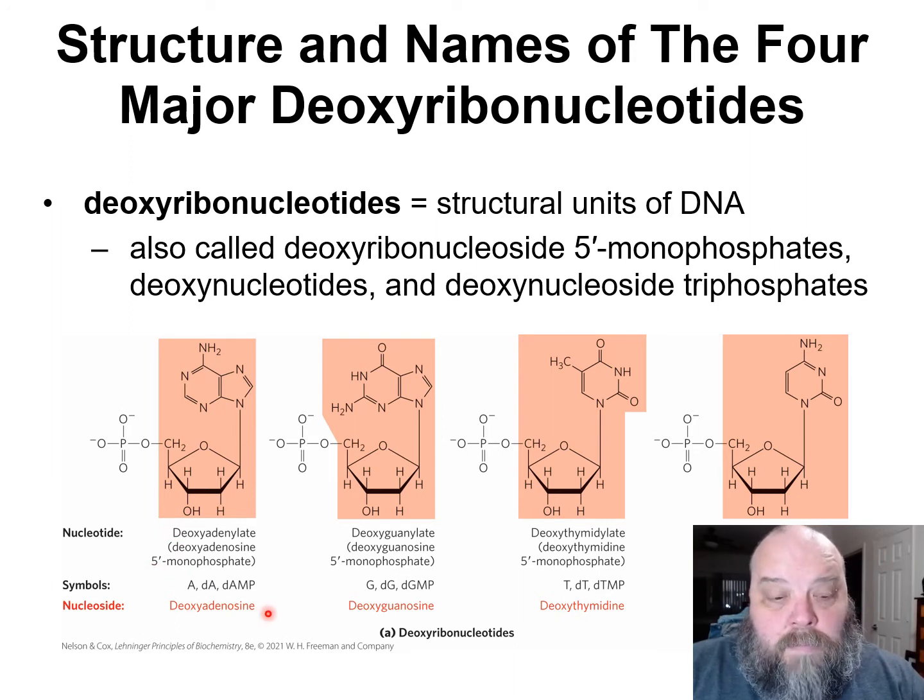Sometimes in some metabolic pathways, metabolic reactions, what was a triphosphate, ATP, GTP, TTP, CTP, the two terminal phosphates will be cleaved and you end up with the monophosphate. So you'll see it sometimes as AMP.